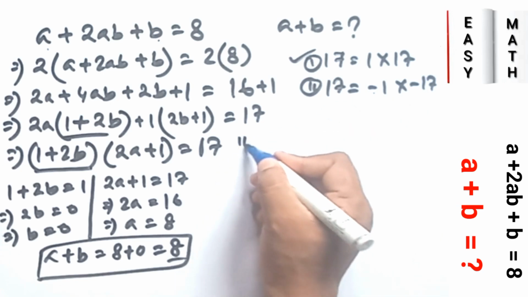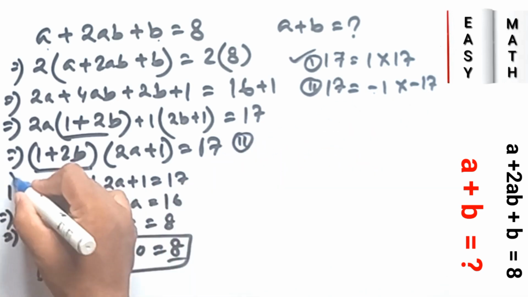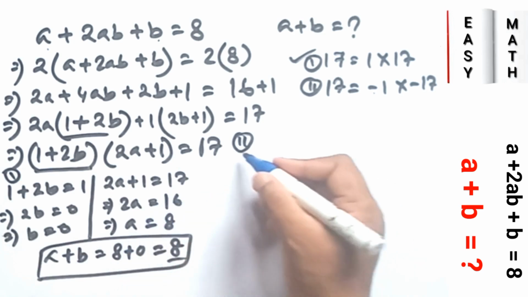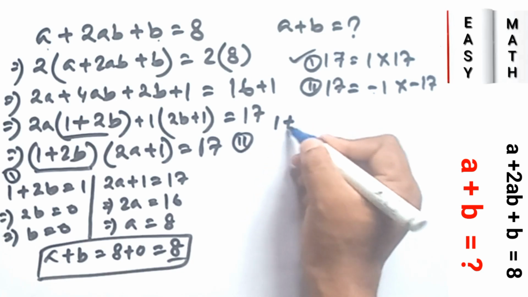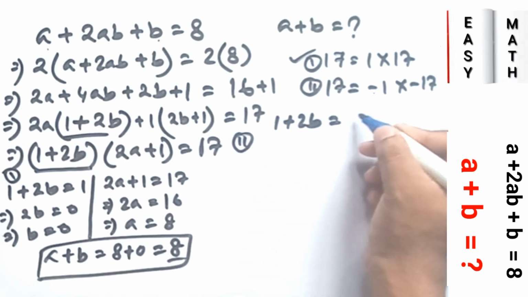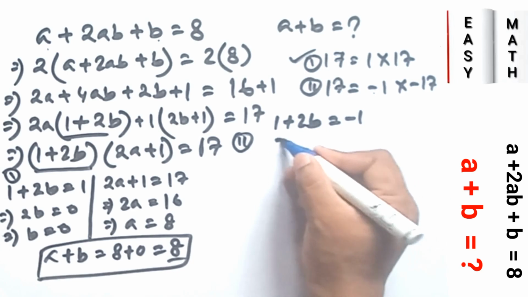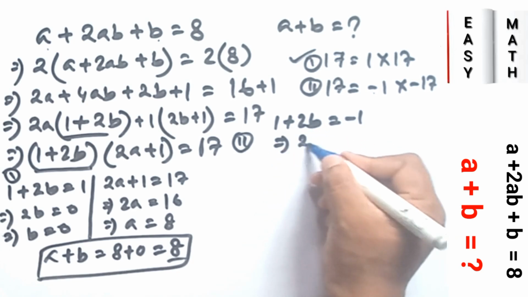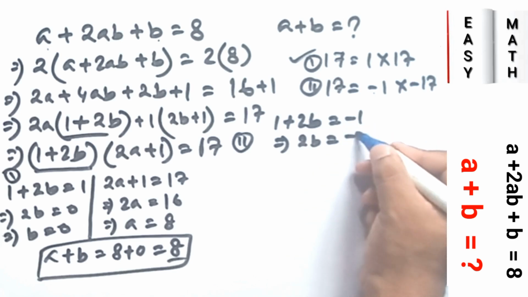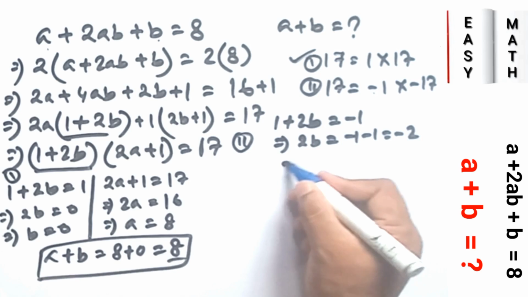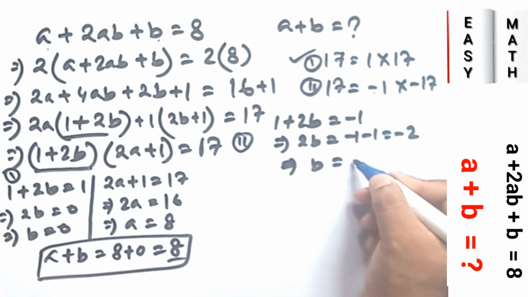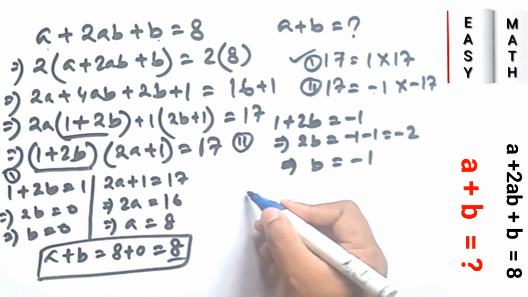So in case number 2 we can write 1 plus 2b is equal to minus 1, so 2b is equal to minus 1 minus 1, which is minus 2, so b is equal to minus 1.